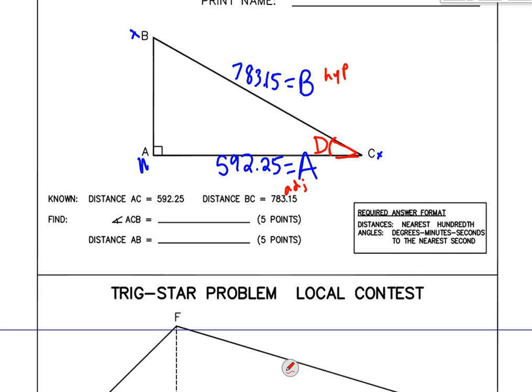So that angle is going to be angle D, and I'm going to write cosine capital D equals capital A over capital B. Do you agree? And then D equals inverse cosine of capital A divided by capital B.